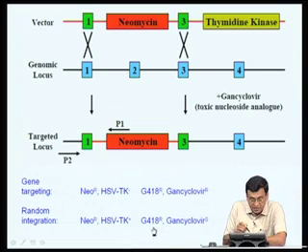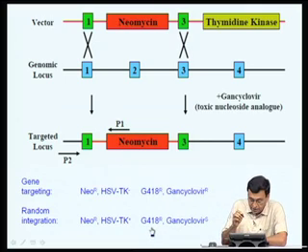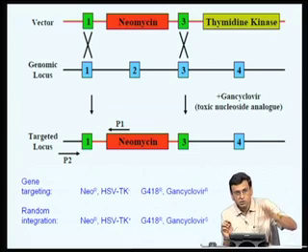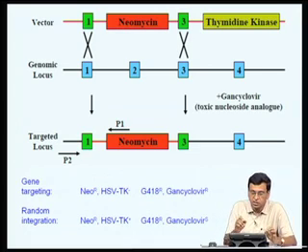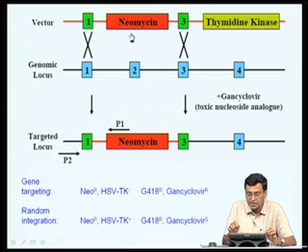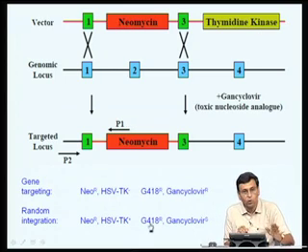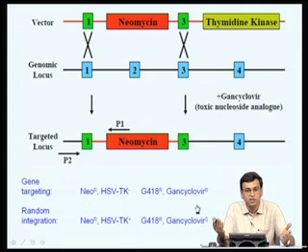Therefore, they will be resistant to G418, but they are sensitive to ganciclovir. So, if you take those cells which have undergone random integration, that means they express both the neomycin resistance marker as well as the thymidine kinase, and if you now treat such cells with G418 and ganciclovir, ganciclovir gets incorporated into the DNA and these cells will get killed.